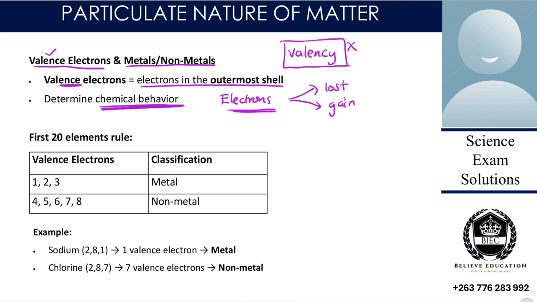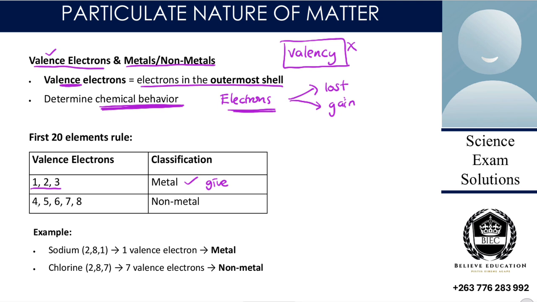Is that okay? Then for the first 20 elements, we have a rule for their chemical behavior. Those with valence or outermost electrons from 1 to 3 are regarded as metals. Are we together? Let's say metals are the men. They give out what? Electrons. Those electrons are able to be given out. That's why they are called metals.